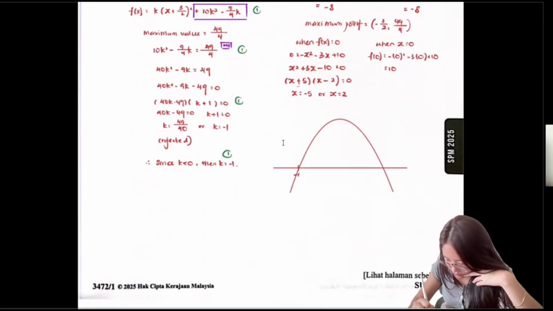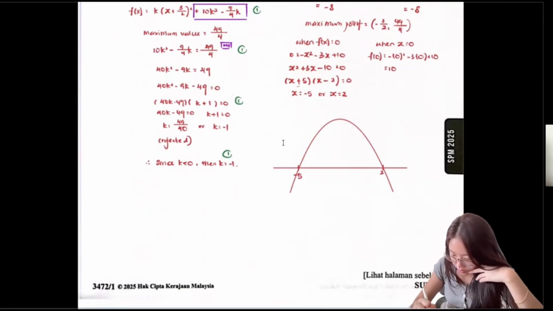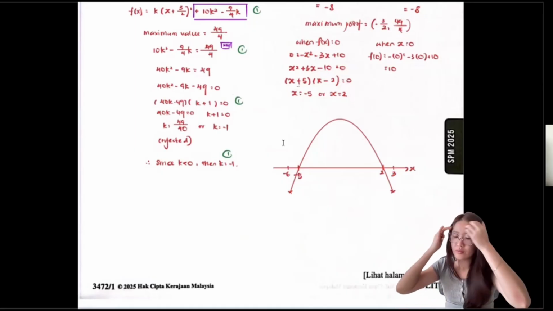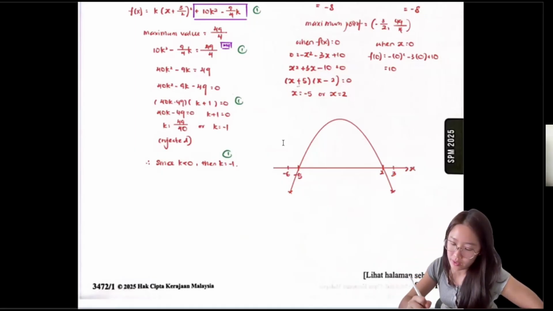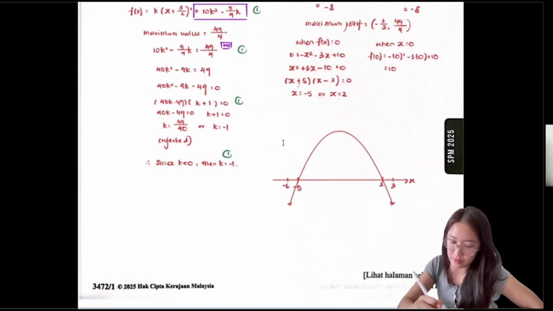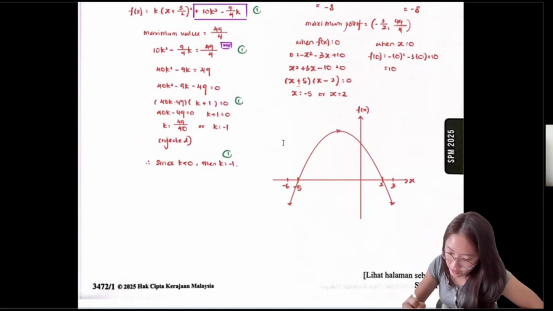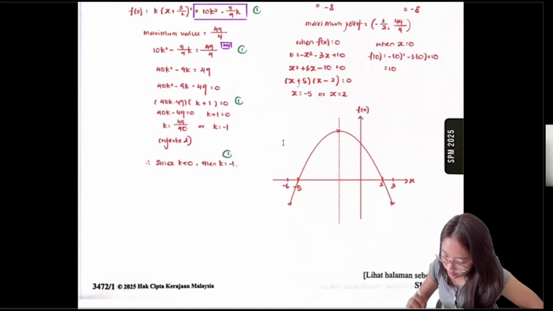This is -5, this is 2. But we need to draw until -6. So this can be -6, and this can be 3. Okay, then your f(x) axis, your vertical, will be closer to 2. So you can draw your vertical line here. Okay, then label f(x), your maximum point, and then you draw a dotted line down, axis of symmetry.